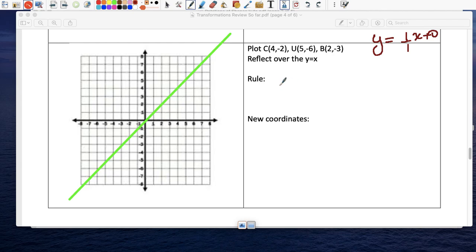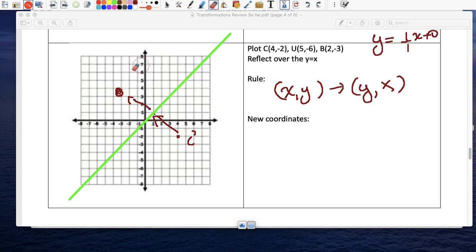Okay, so the rule we learned today, that you notice from observing the points, is that all you gotta do is switch x and y. So let's do 4, -2. 4, -2 is right here. That's point C. And remember, you're going this way, perpendicular, right? So point C is going to be somewhere over here.